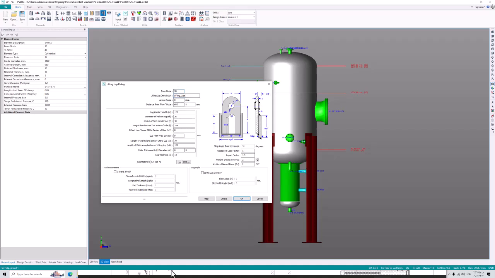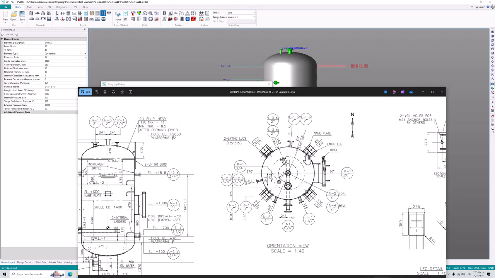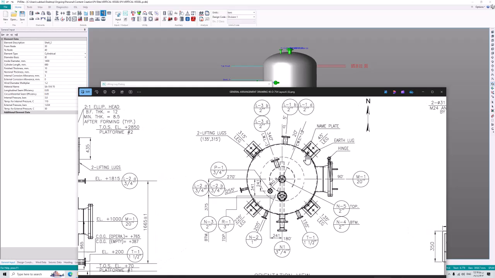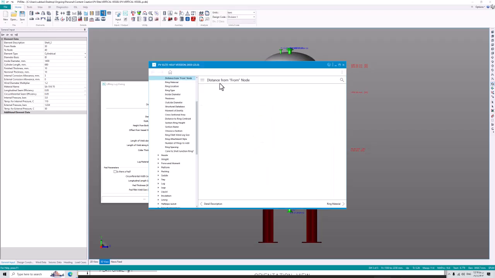For the elevation and the layout angle, we go through the general drawing and see the lifting lugs. Two lifting lugs are at 135 and 315 degrees. So we choose 135 for the start angle.